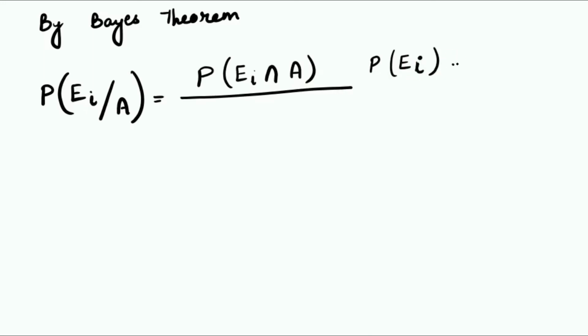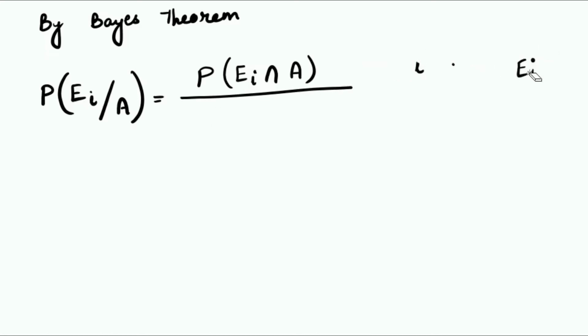Probability of Ei into probability of A given Ei, because Ei has happened. This is how we will write. So this will be the favorable probability for this.